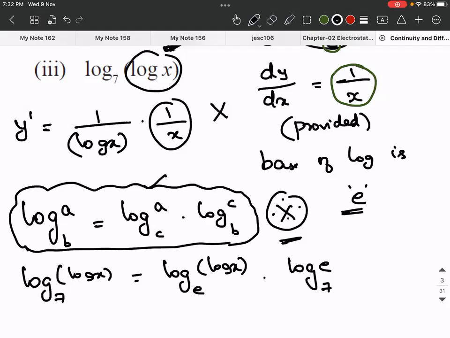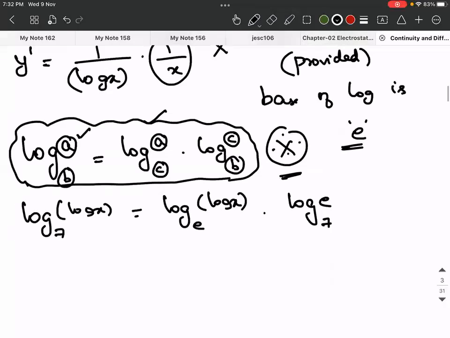Okay, this you understood. So here you have a base b, meaning I'm introducing a new term c such that I will write the expression as log a base c into log c base b. Here, log x is a, 7 is b. So can I write this as log of log x, in the place of a, log x only.